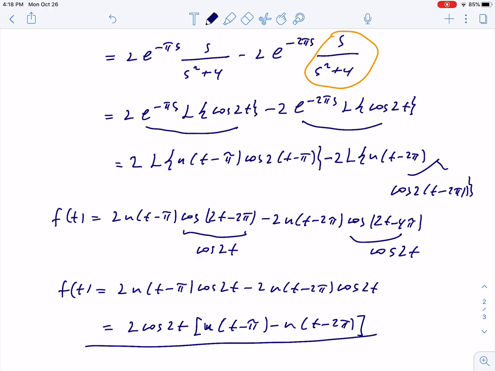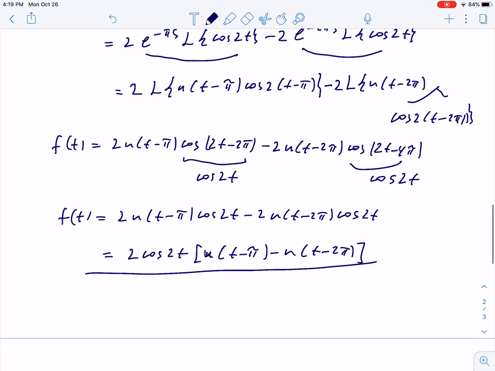Now I think we are ready to see how to solve differential equations, and I shall do one simple differential equation. Solve the equation x second plus 9x equals f(t), where the function will be defined this way.